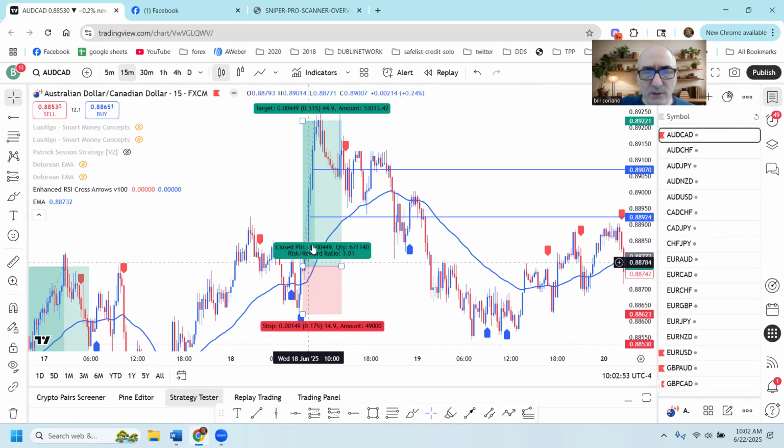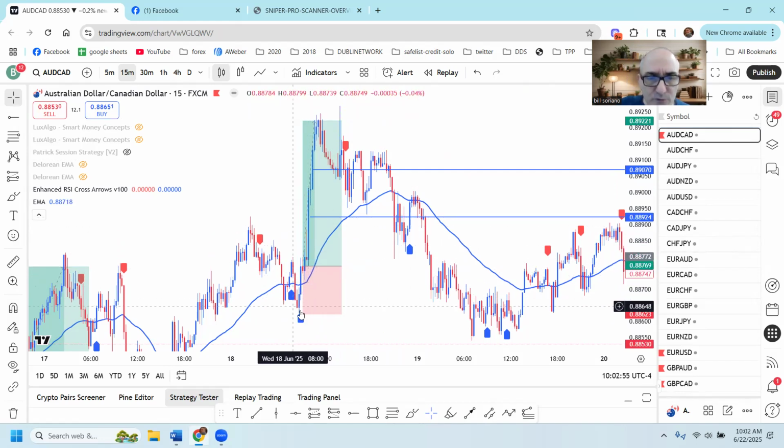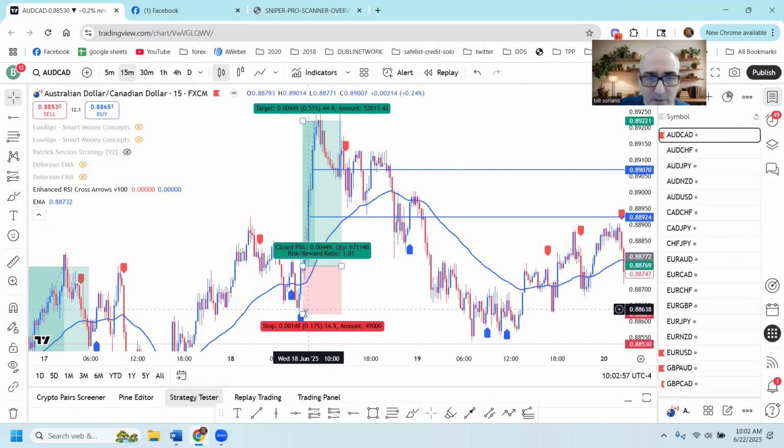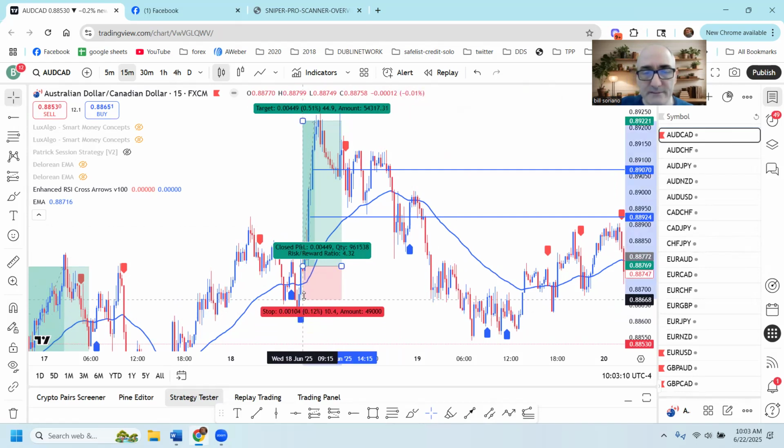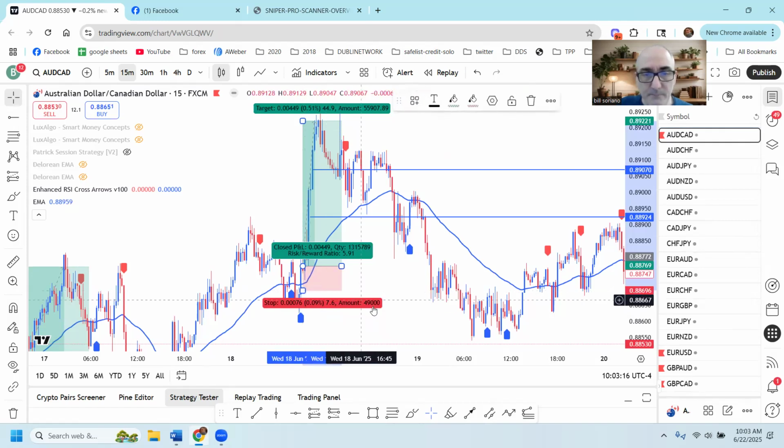But you can see here, once it's up +1, we would then reduce that stop loss in half. So essentially, if you're looking at this and you're saying, oh, our risk is 15 pips, we're just going to go into our broker account and reduce that risk to basically 7.5 pips, right about to there.